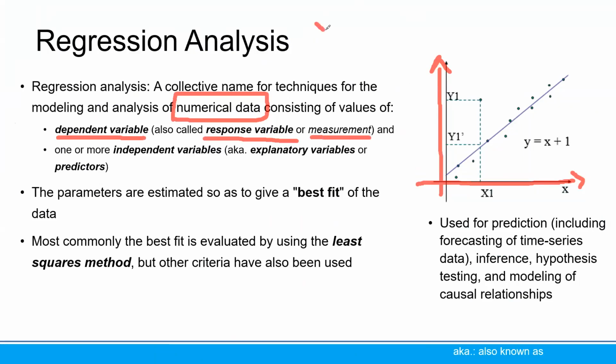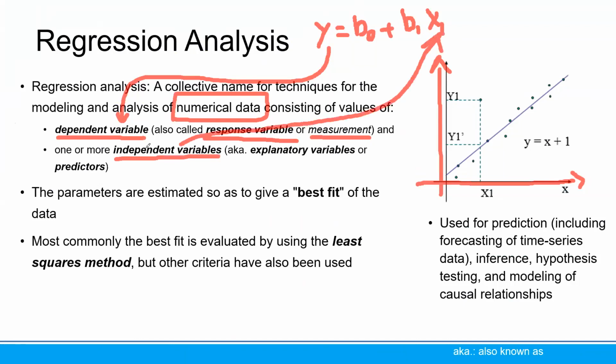We call y the dependent variable or response variable or measurement. So if we have y equals beta 0 plus beta 1 x1, then we can say that y is the dependent variable because it is dependent on the independent variables.